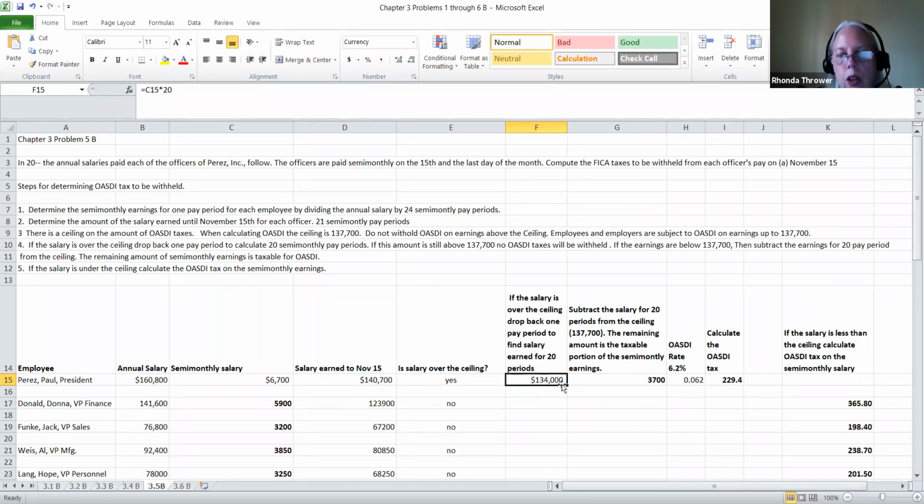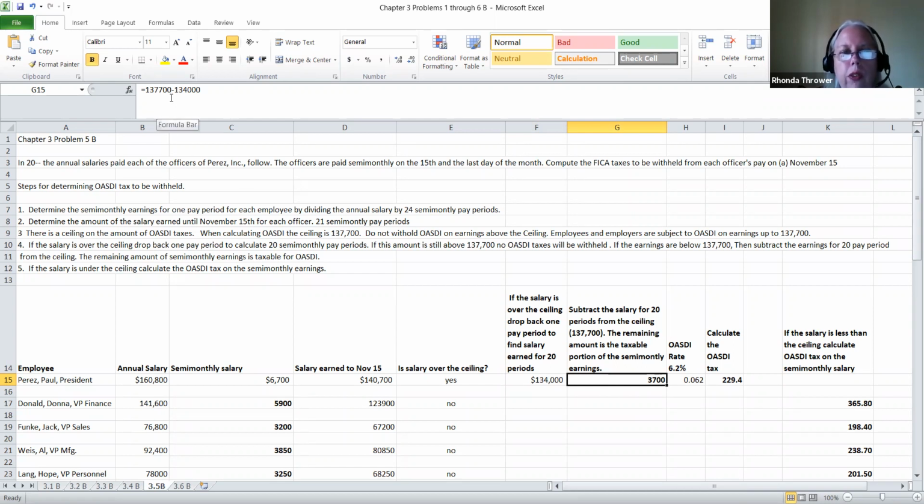The ceiling is 137,700. So what you have to do is find the amount of taxable earnings that this employee has for the 21st pay period. And to do that, we subtract the salary for 20 pay periods from the ceiling, which is 137,700.